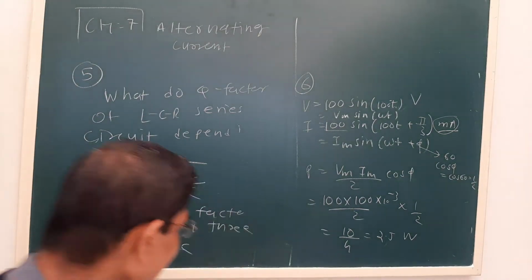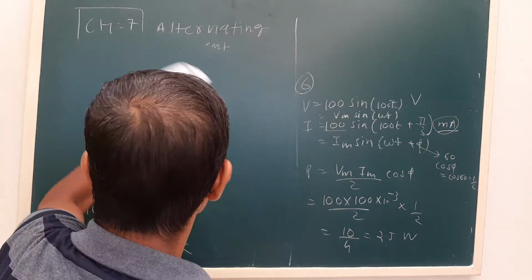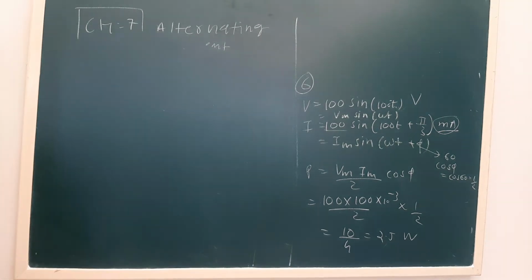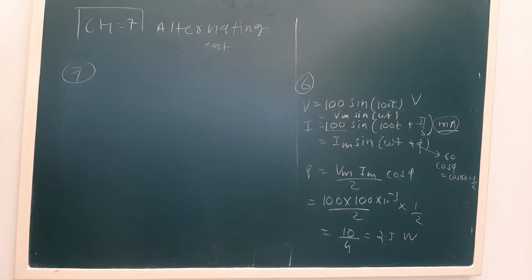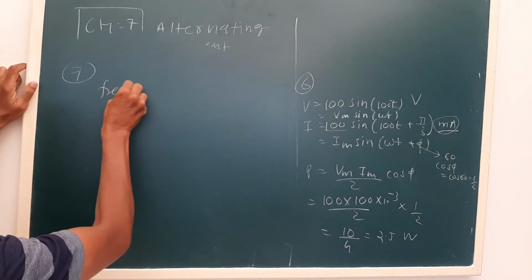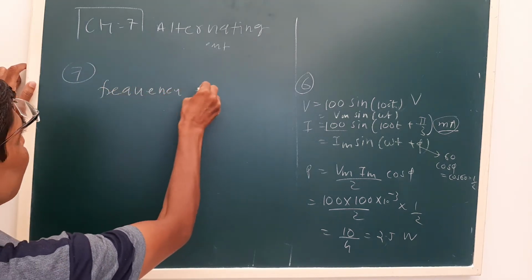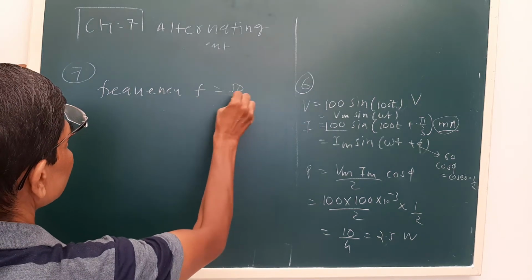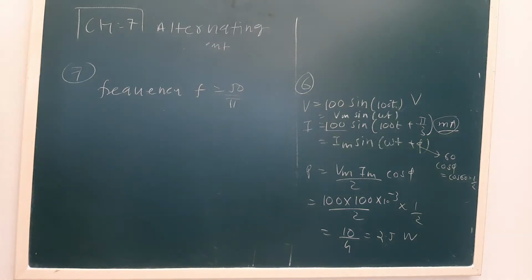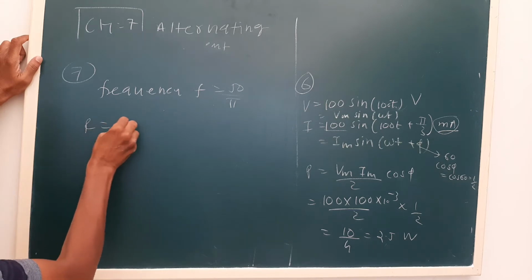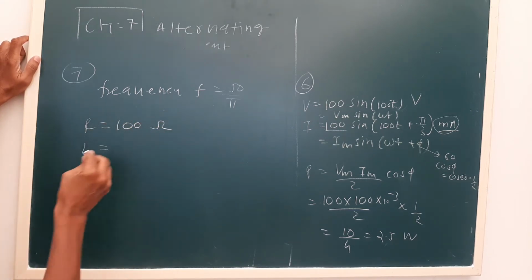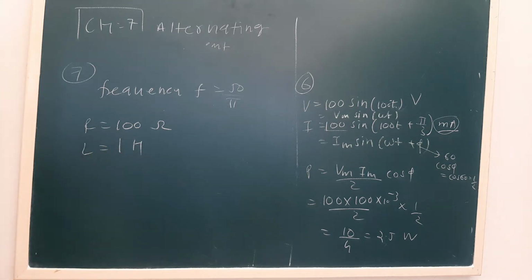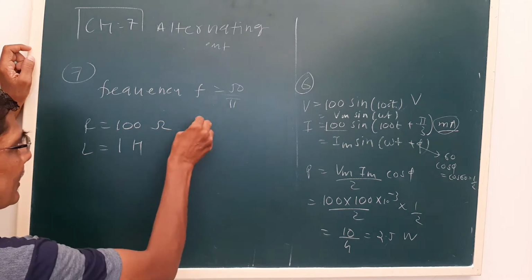Now see our next MCQ. The frequency of an AC circuit is 50 upon pi. The circuit has R equal to 100 ohm and inductance is 1 henry. What is the phase difference? Now see, this is an RL circuit.